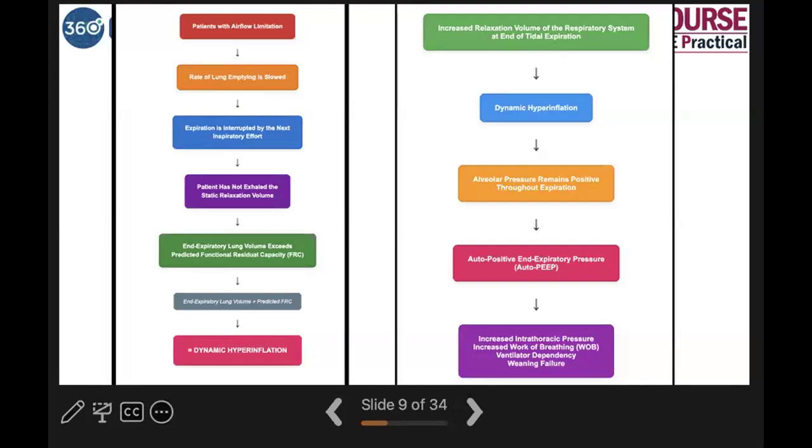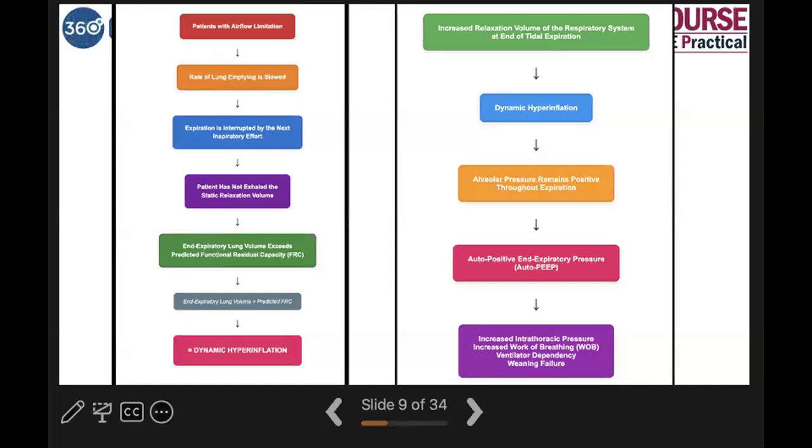At the same time, in order to expire, the alveolar pressure should be high and the ambient pressure should be low. That is when the expiration process happens. But in a COPD, when the alveolar pressure is too high and with the second inspiratory cycle, the ambient pressure is also trying to be high, there is going to be a pressure fight where the patient has to take in a much more negative pleural pressure to overcome the inside alveolar pressure, to overcome the ambient pressure, to allow the air inside the airway.